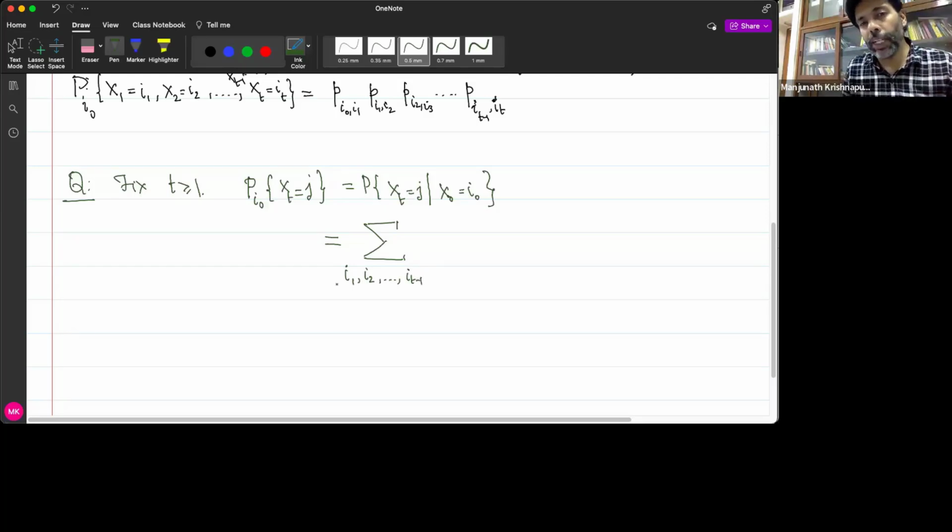I don't care where X1 is, in I1, X2 in I2, X_{t-1} in I_{t-1}. They can be anywhere. The point is, I have to go from I0 to I1, then from I1 to I2, and so on up to I_{t-2} to I_{t-1}. And in the last step, I have to go from I_{t-1} to j.